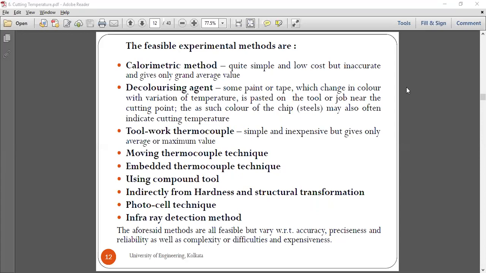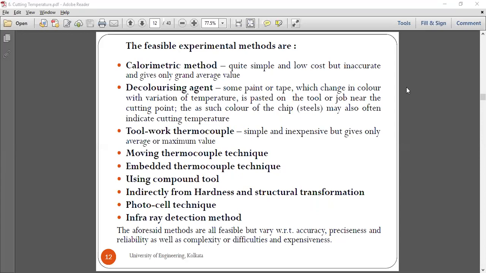Then we have a decolorizing agent, some paint or tape. If you apply some paint, due to the temperature rise, the color will change due to the heat which is generated.